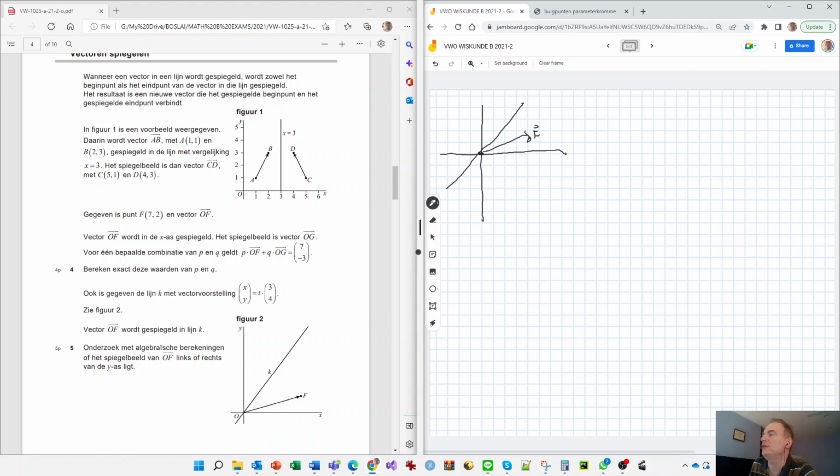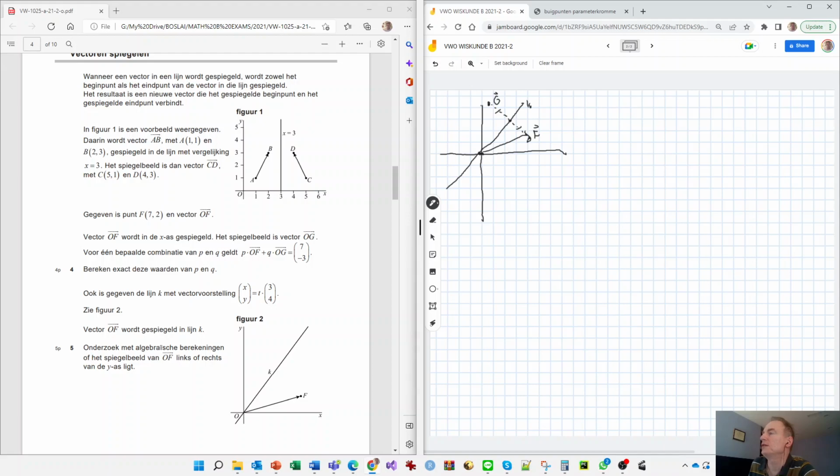Well, how to construct the reflection? We need to construct a line perpendicular to k, and then the reflection, let's call this G again, is of equal distance away from k. And well, how can we find this? We have to construct the line perpendicular to k going through F, and then find a point in between.